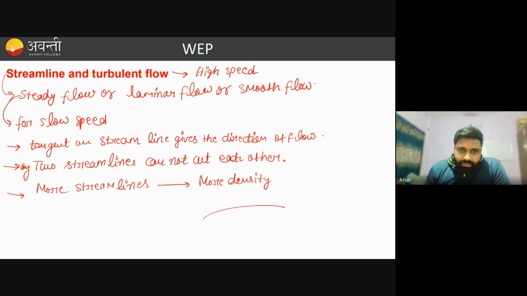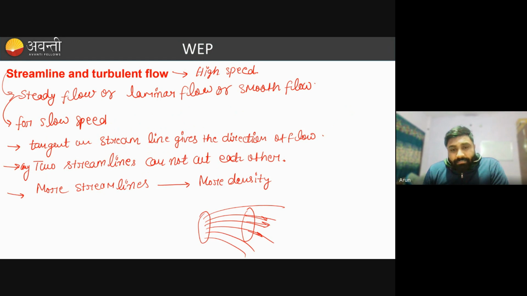In this example, for this particular cross section and this particular cross section of the same size, this one covers only three streamlines, but this cross section has 1 2 3 4 5 6. So the flow will be denser at this point and rarer at that point. Okay, so this is all about streamline and turbulent flow. Turbulent flow is opposite to this, and it is achieved at very high speed.